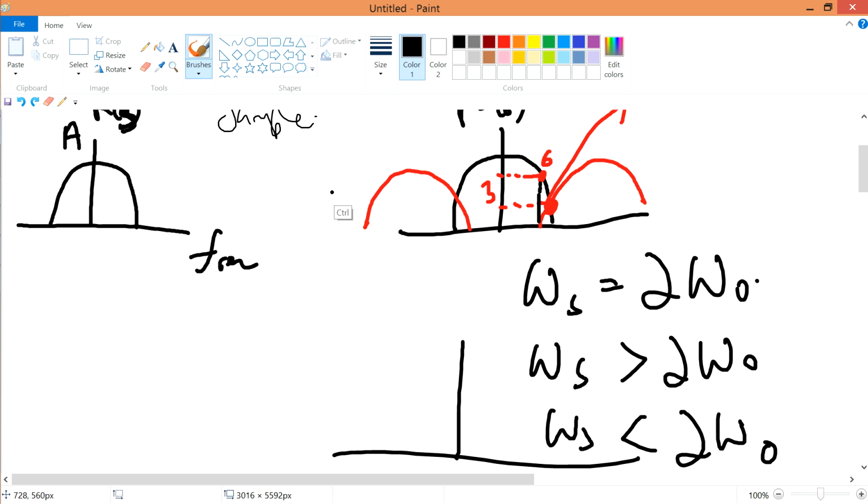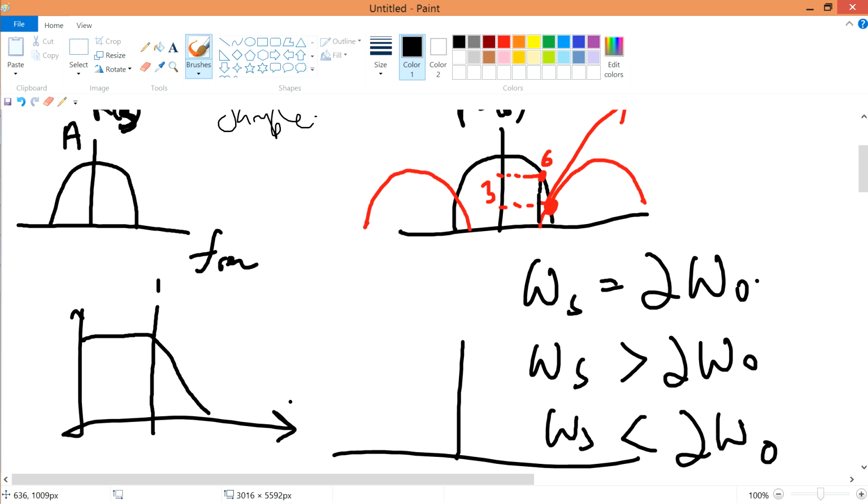A low pass filter works like this: this is the spectrum, and you have a low pass filter over here. I think this is the frequency and this is the amplitude.